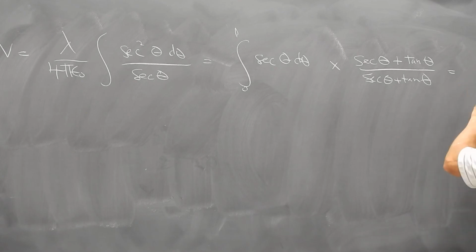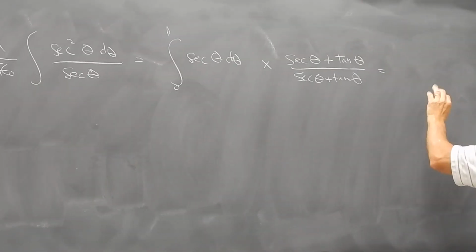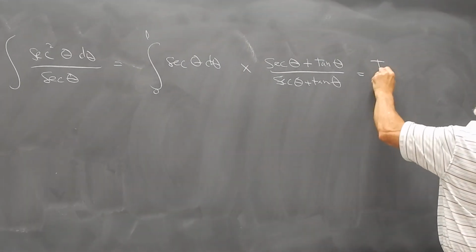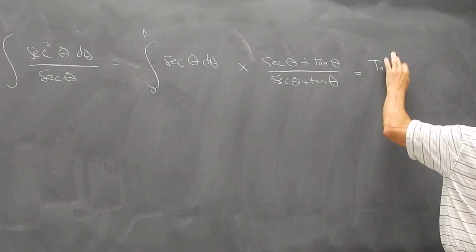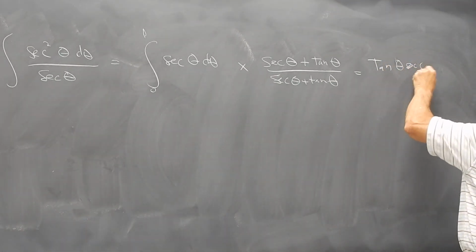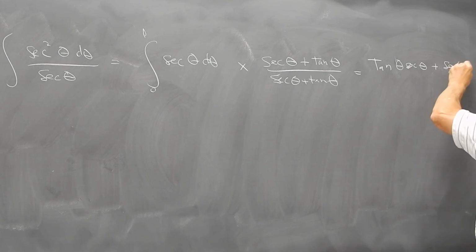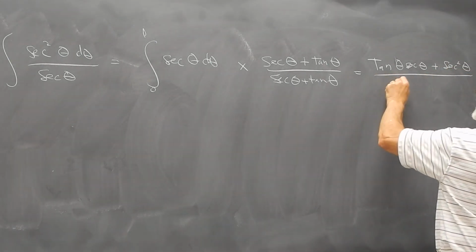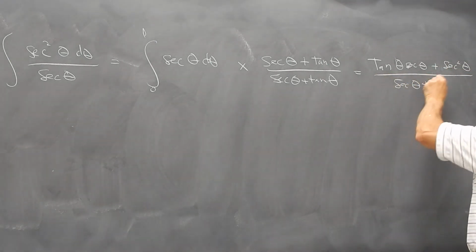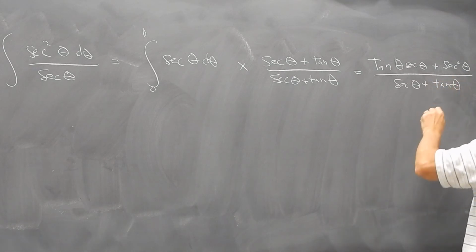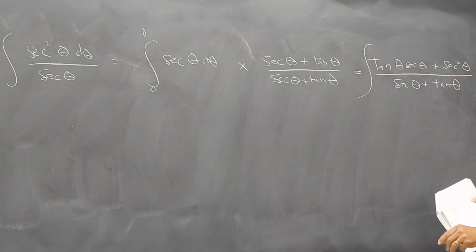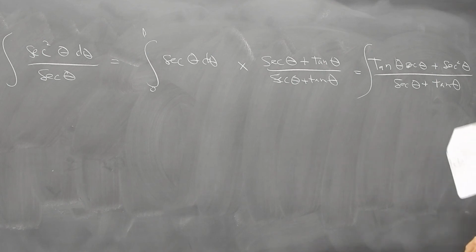If I do that, this is very nice, I get tan theta secant theta plus secant squared theta divided by secant theta plus tan theta, integral, and the mess outside.